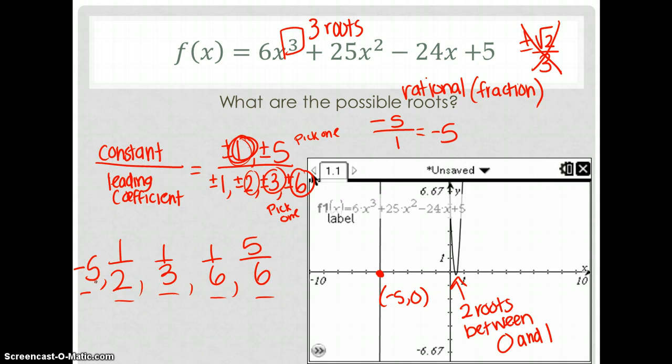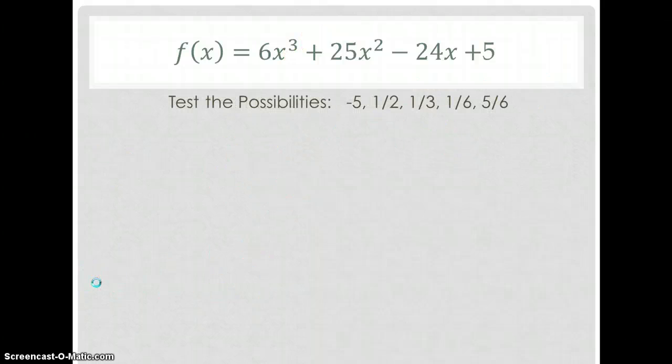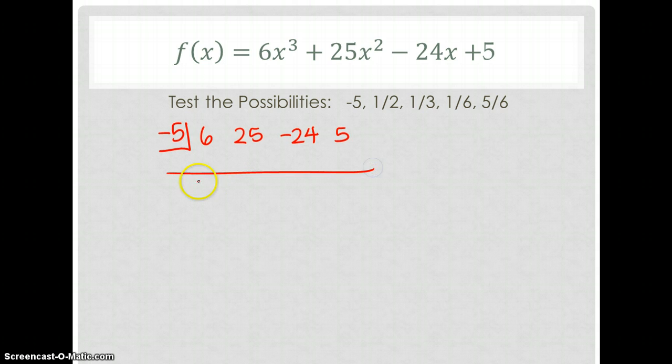So we're going to test to see which ones are our roots. Again, there's our list of possibilities based on the constant factors divided by the leading coefficient factors. So let's test the one we already know, -5. Remember, we're looking for a remainder of 0 to confirm that this is indeed a root.